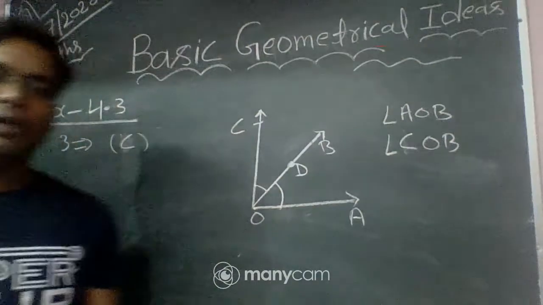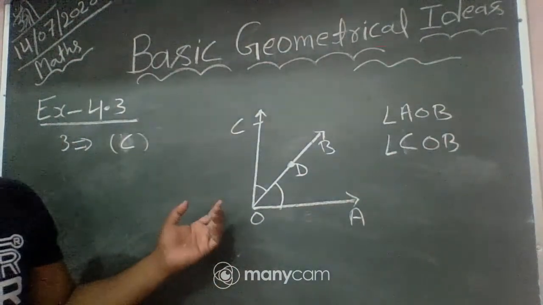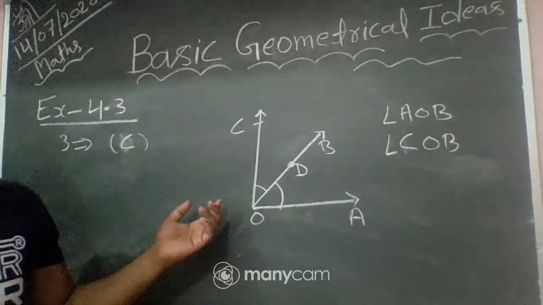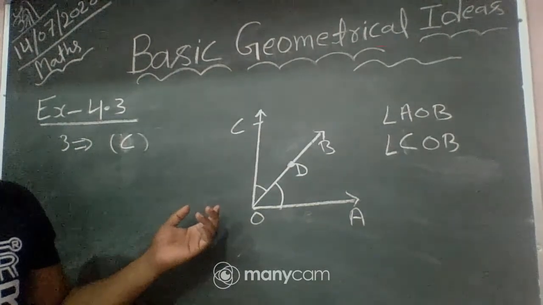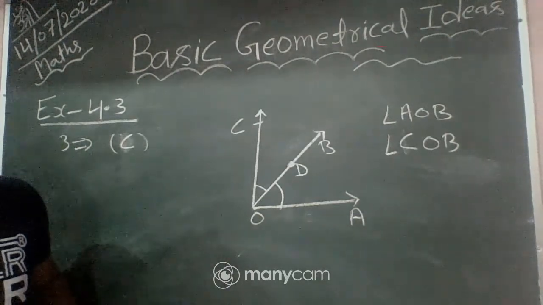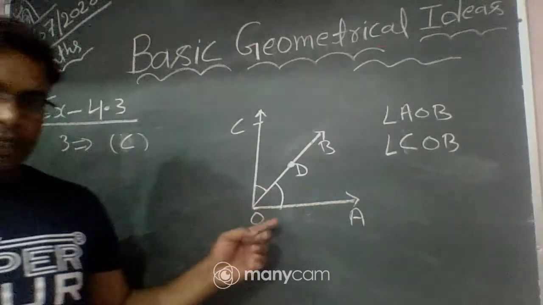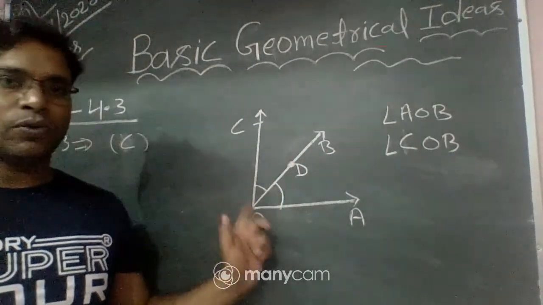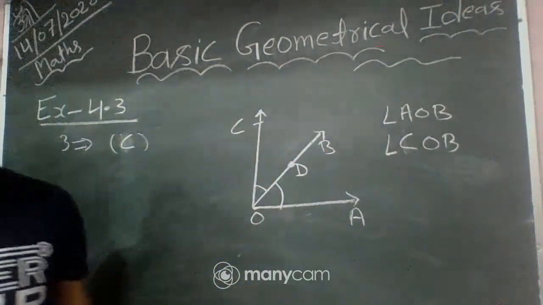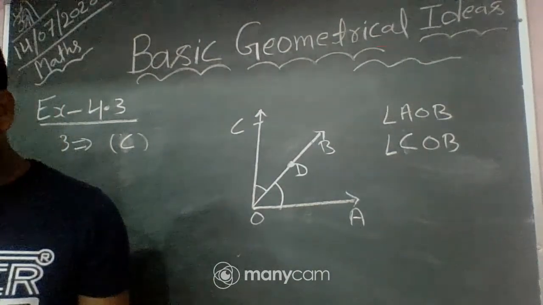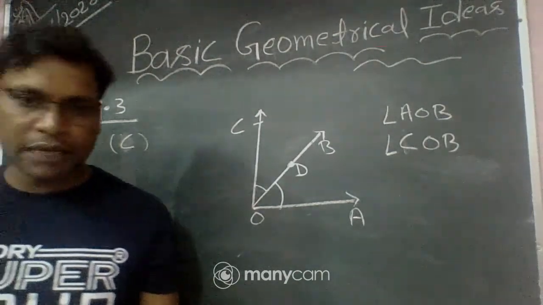So we draw diagrams of two angles such that they have 3 points in common. The common points are B, D, O. Now D part of this question: 4 points in common.